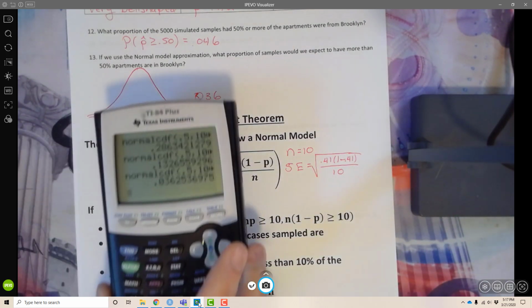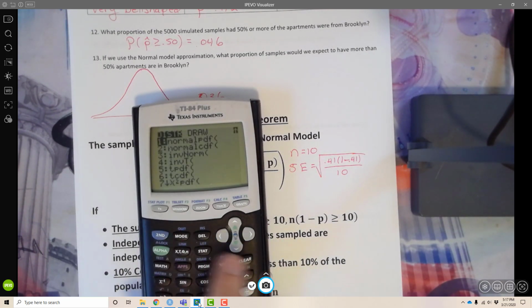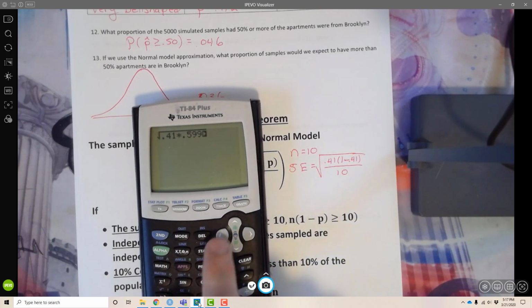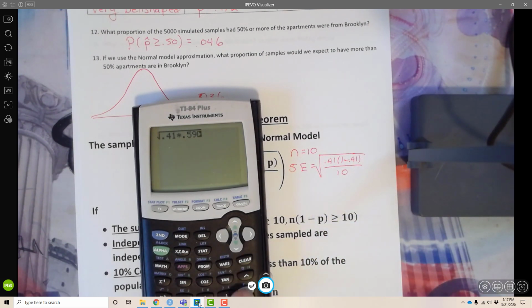And if we plug that into our calculator correctly, there we go. So 0.41 times 0.59, 100% minus 41% gives you 59%. Divided by our sample size of 10, we end up with 15.6%.